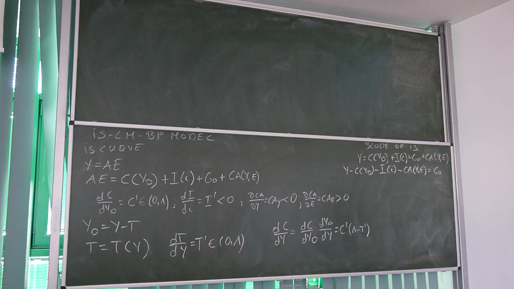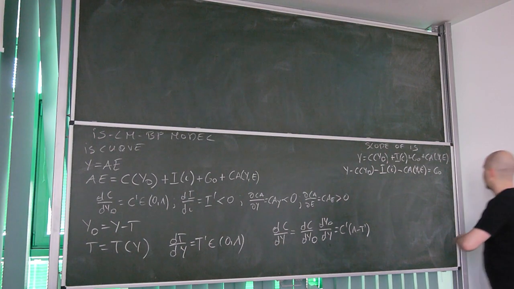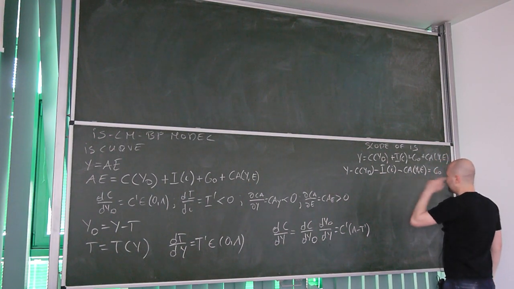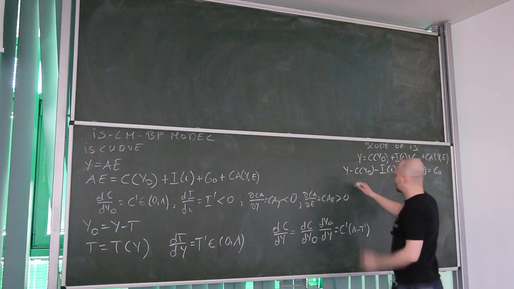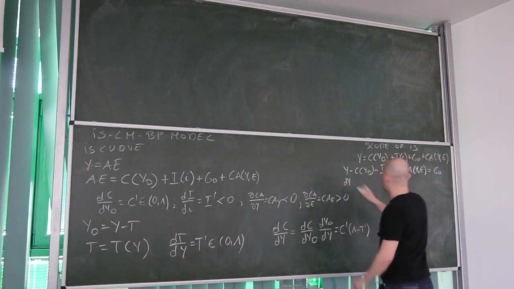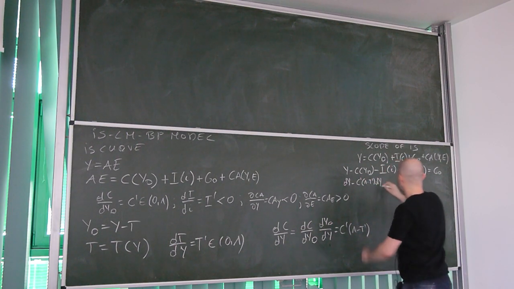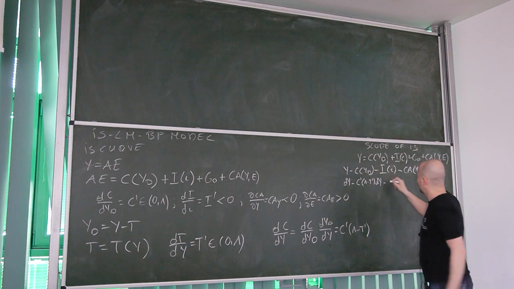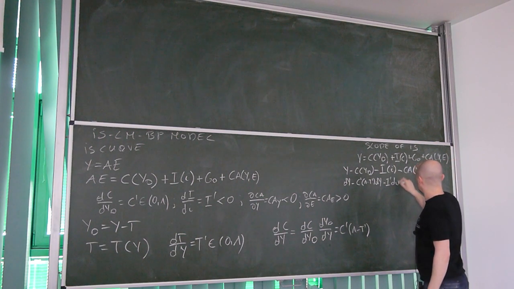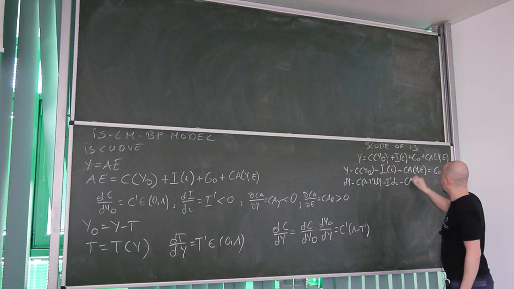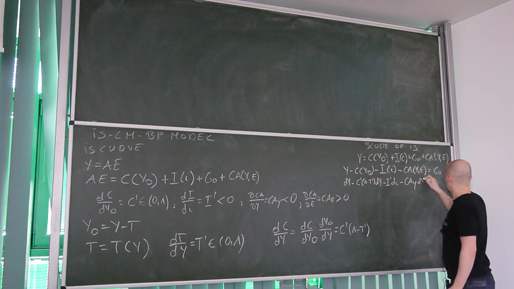Now, of course, to find the slope, we need to differentiate this equation with respect to income and interest rate. Okay, look. Out of this, we're getting dY, out of this one C prime (1 minus T prime) dY, here we will have I prime di, and minus CAY dY.